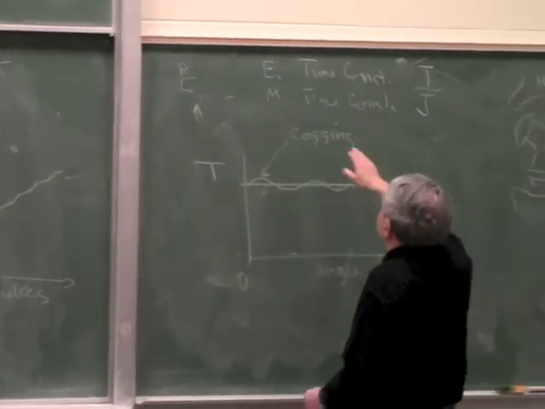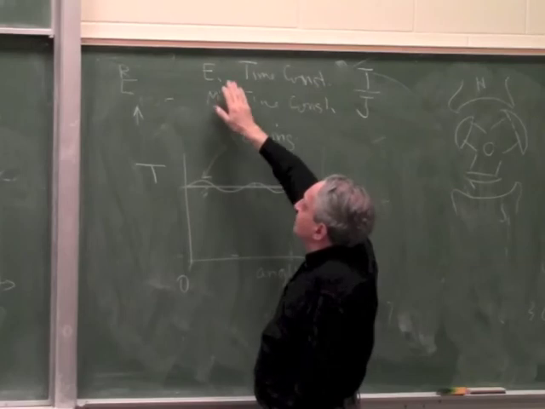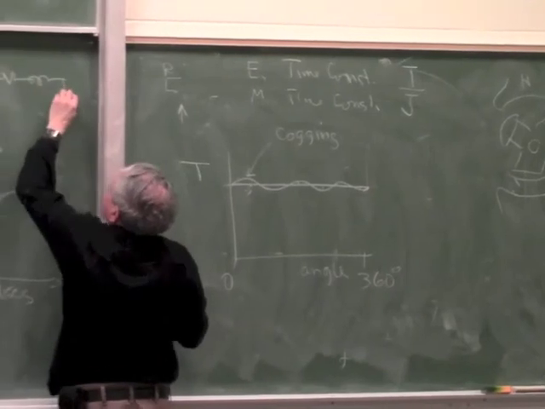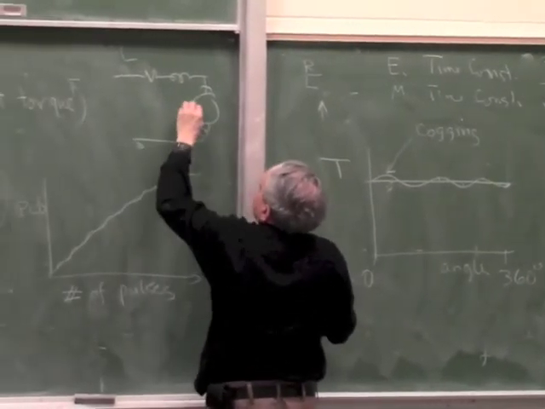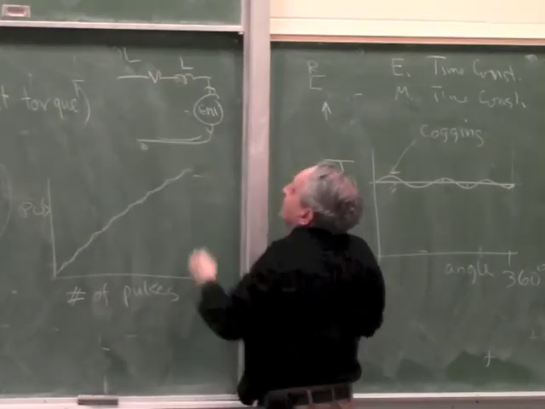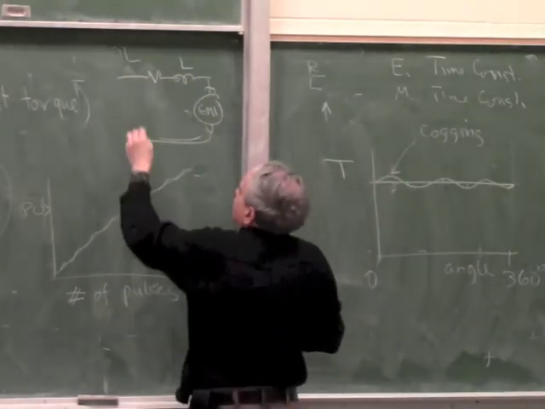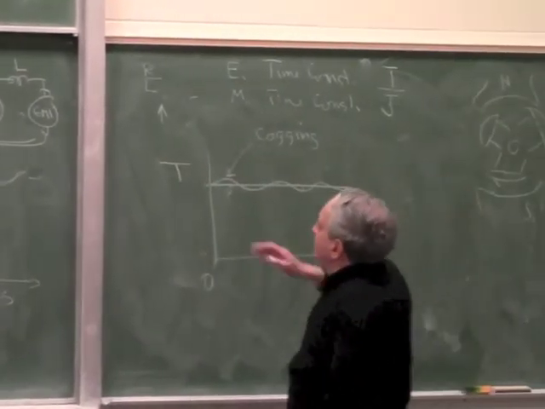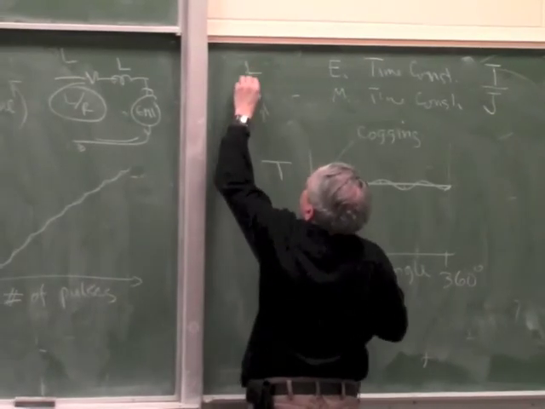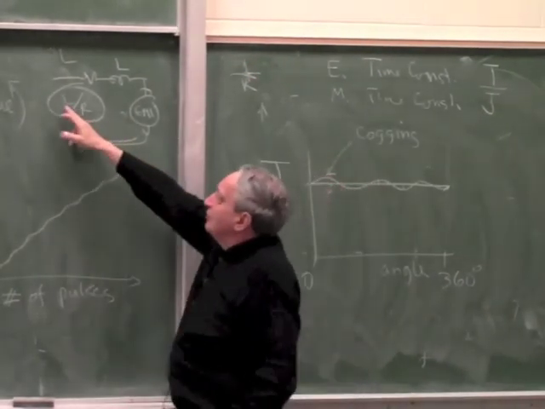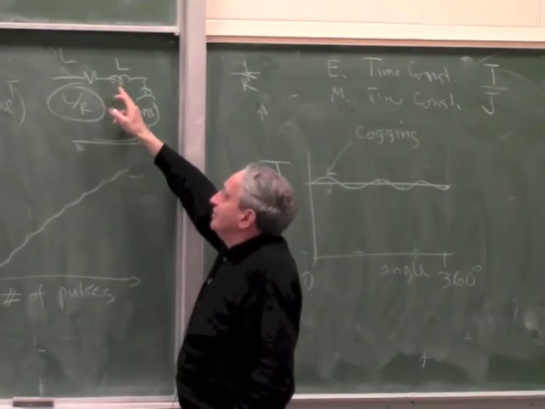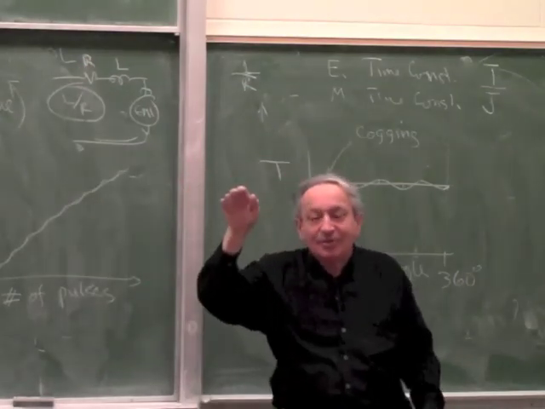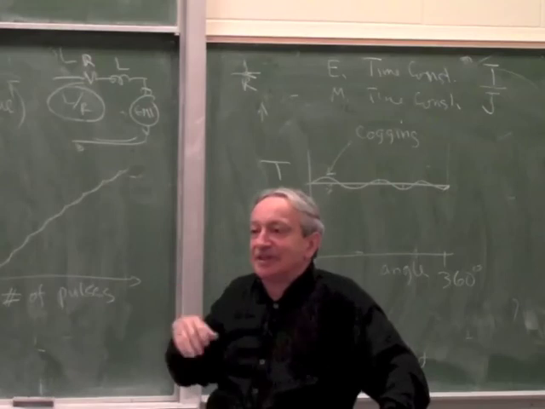So this is how fast it can accelerate, and this is how fast the current can go up, because the motor still has parasitic inductance, and this is the EMF. The parasitic inductance has a time constant, which is L over R. So this L over R, which is the time constant of an inductor, where this is R, this is L, determines how fast the current can come up, because the torque cannot develop until the current comes up.